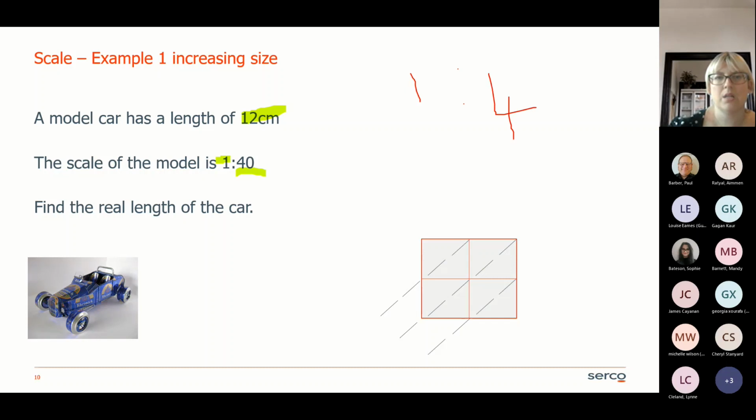We know that 1 is 12. And how do we find out what 40 is? Anybody have any ideas? What are we going to do to find out the size of the real life car? 40 times 12, absolutely.